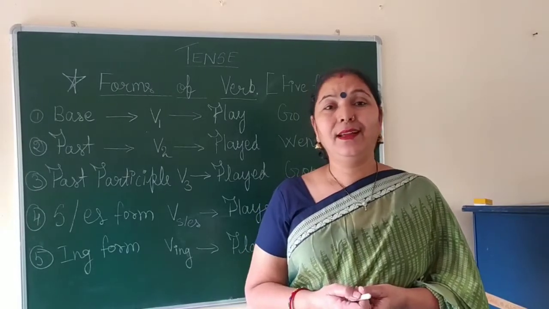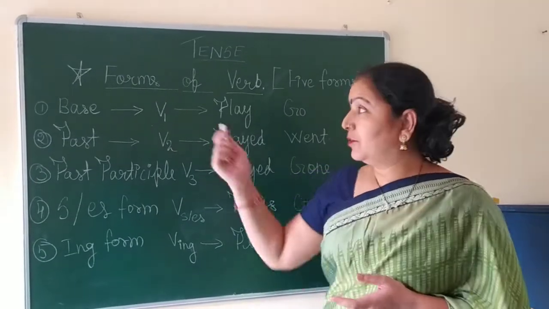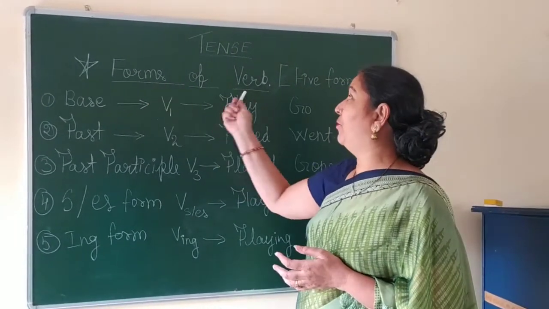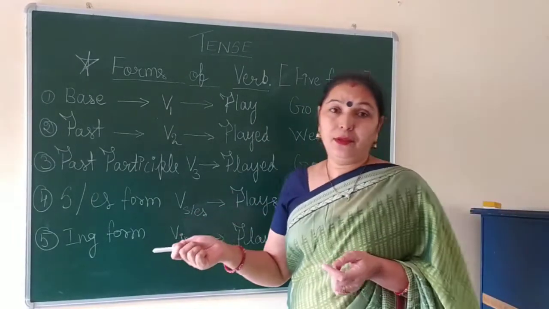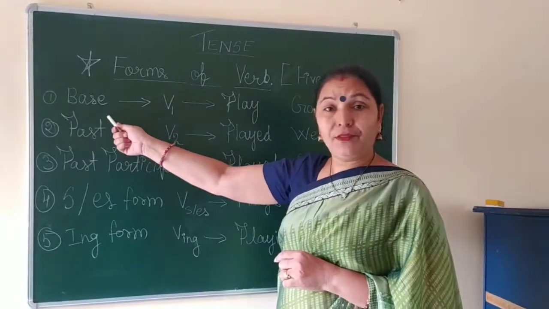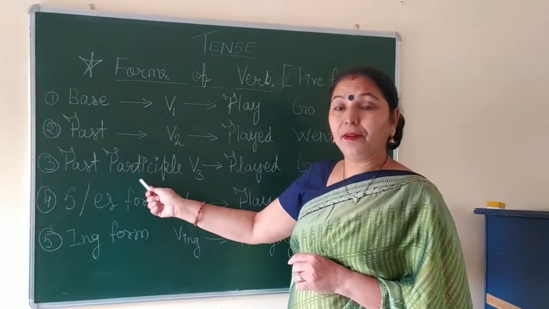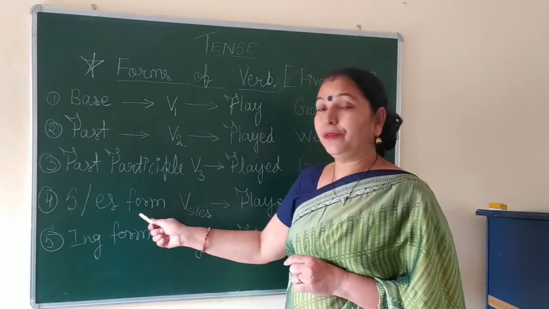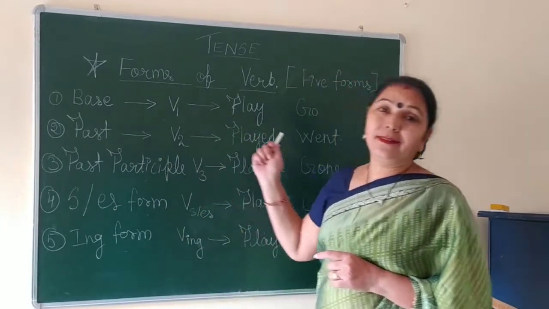Now let's see about forms of verb. So see here all of you, forms of verb. There are, children, 5 forms of verb. If we talk about them one by one, first one is base form, then comes past form, past participle form, S or ES form, and then last is ing form. So let's see in detail.